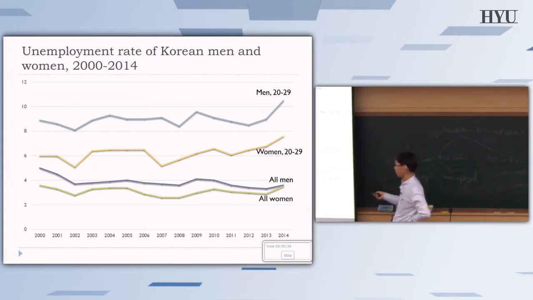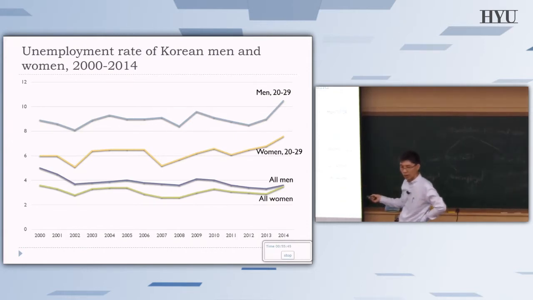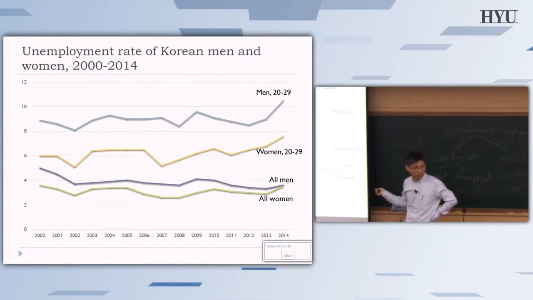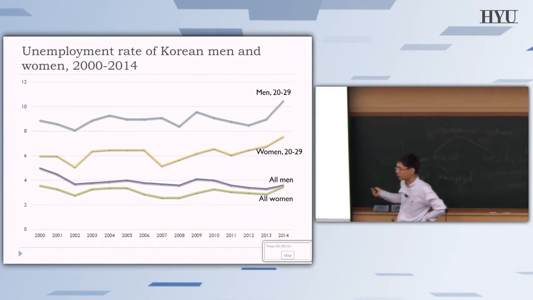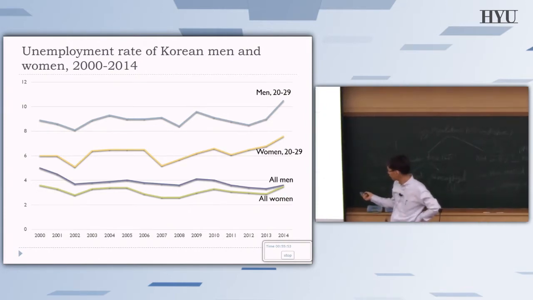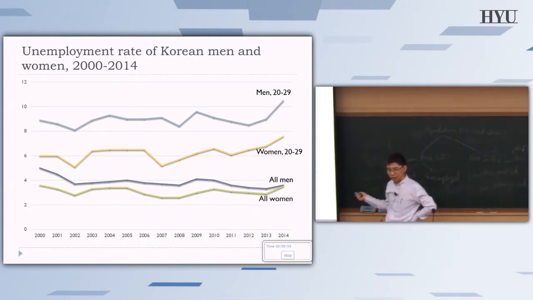How about the women? Women are also quite stable, a little more than 3%. So the female unemployment rate is slightly higher than the male unemployment rate. It's mostly because their LFPR is low.